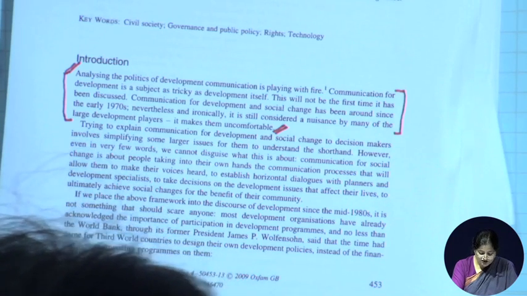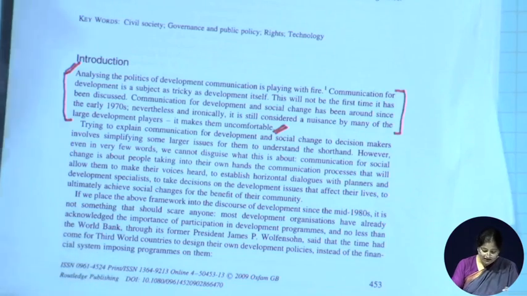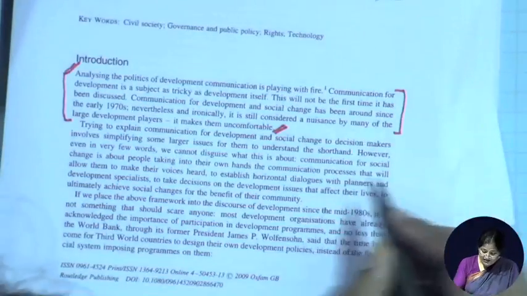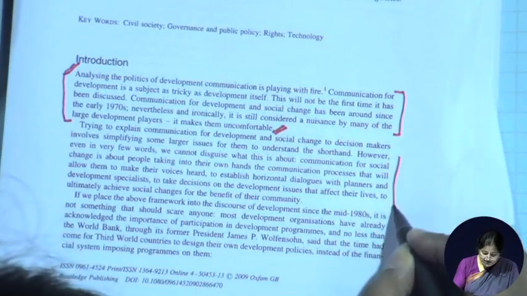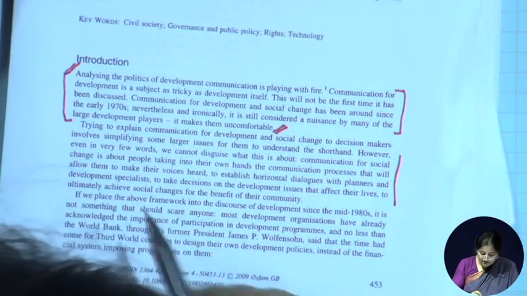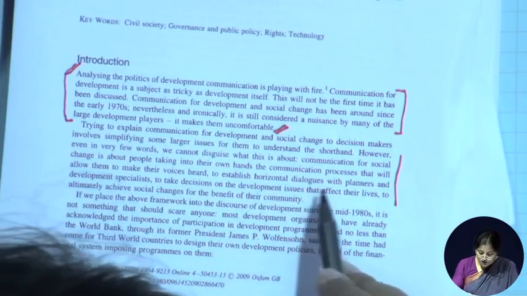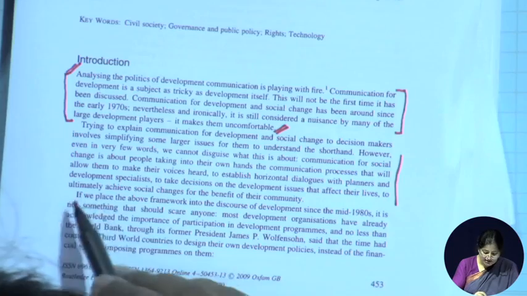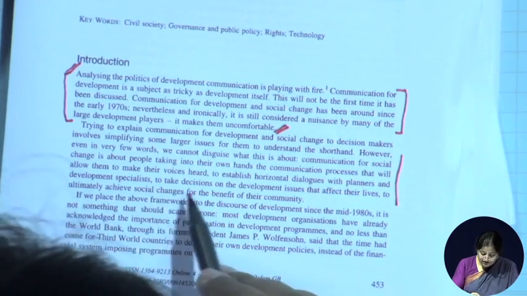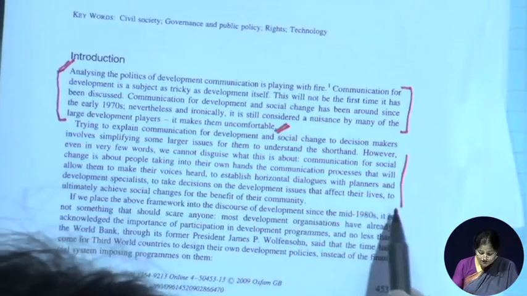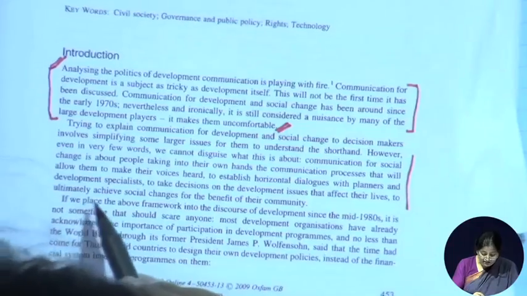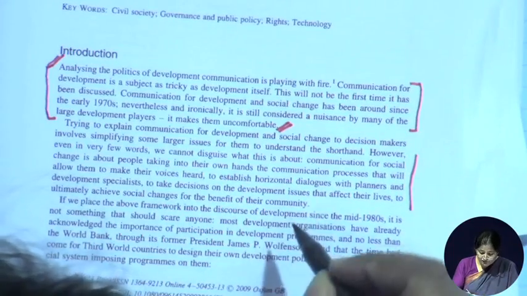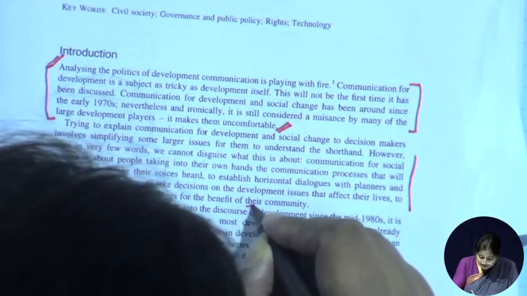Communication for social change is about people taking into their own hands the communication process that will allow them to make their voices heard, to establish horizontal dialogues with planners and development specialists, to take the decisions on the development issues that affect their lives, to ultimately achieve social changes for the benefit of their community.